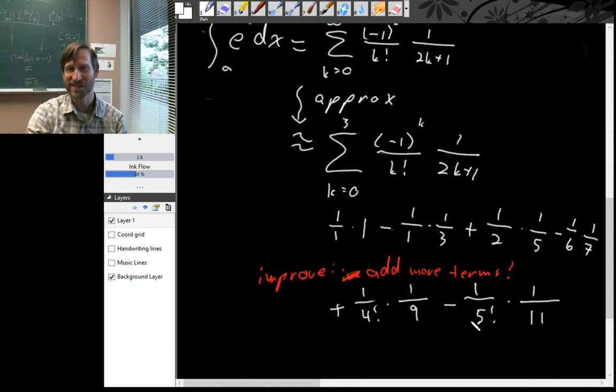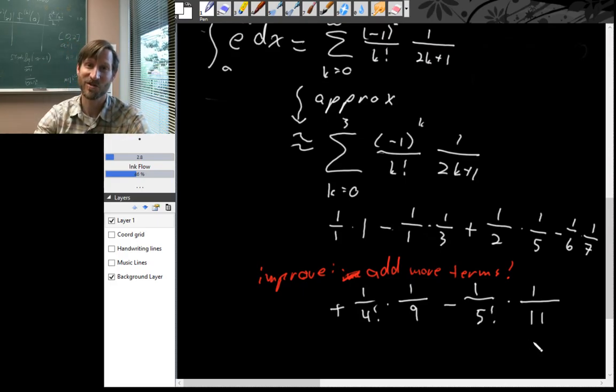There's a factorial in this denominator. So once you go out a few terms, the denominators get very large very rapidly. So the terms that you're adding on get very, very small. And that means that after just a few terms, you're already very close to the final value of the integral.